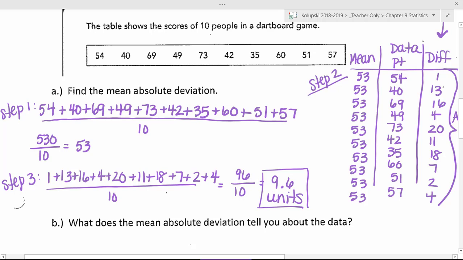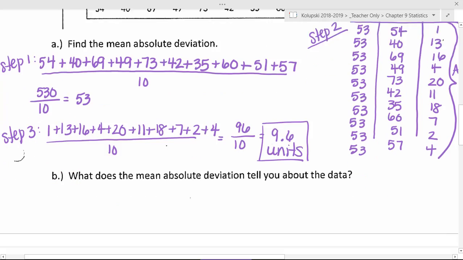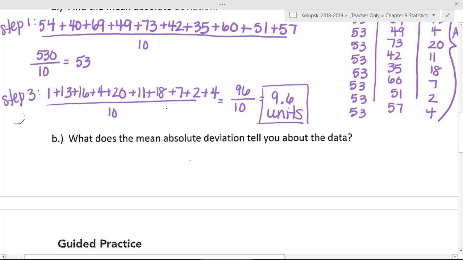So if you have a large MAD, then that means that your data is more spread out. If you have a small MAD, it means that the data is closer together. If you have an outlier, that will skew your data a little bit. It'll make it seem like the data is more spread apart, when in reality, that number that doesn't quite belong is going to kind of alter it just a little bit. So what does this mean? Exactly what I said.